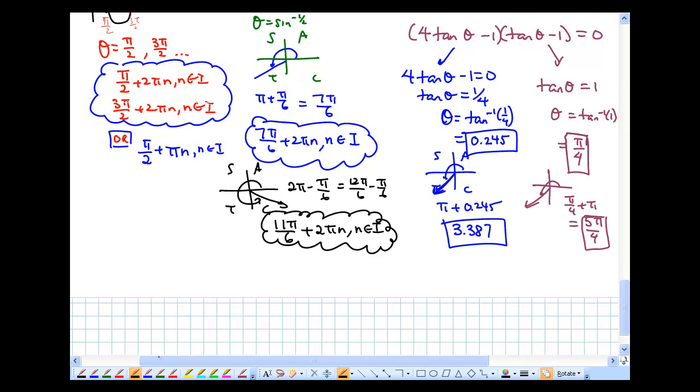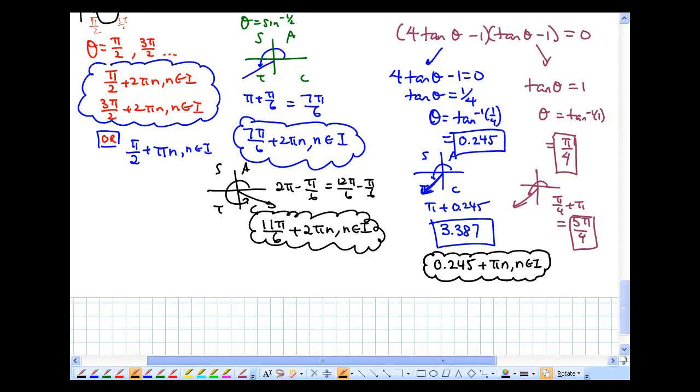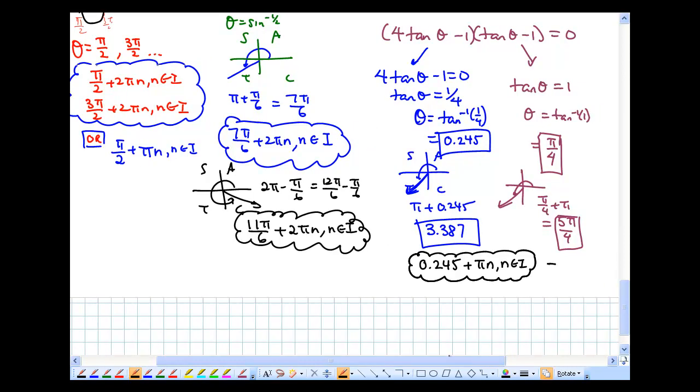Because for tangent, the period is pi, you only really need to take one answer and just say plus pi n, where n is an integer, because that will give you the 3.387 and all the corresponding ones from that. Same thing with the other one, with the pi over 4. I can really just go plus pi n, where n is an integer, and that takes care of all the solutions as well.